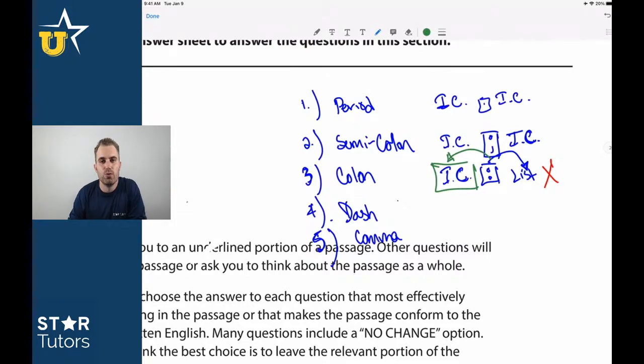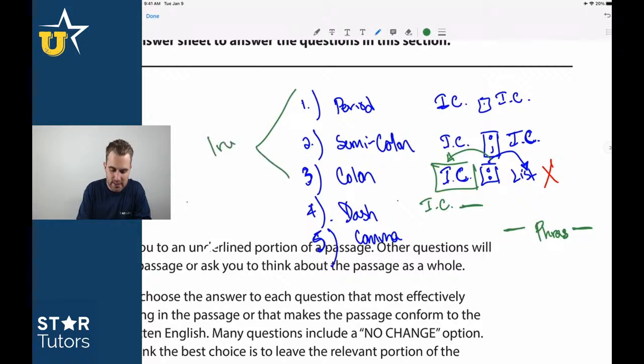Dashes have two uses. A dash can either be replacing a colon, so you can have a dash with an independent clause out front, and then again, it doesn't matter what comes after the dash. Or you can have a dash that's like two commas with a phrase in between. So a dash holds two uses. These all have one rule for the SAT. This has two rules for the SAT.